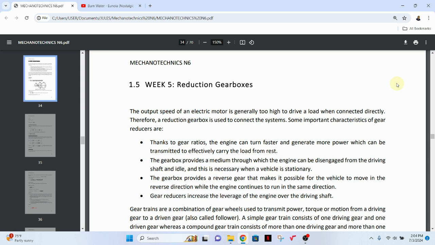And if ever you are driving, you will know that you will rather use the first gear, or maybe in some cases the second gear when you're driving uphill, because those lower gears produce a higher torque.